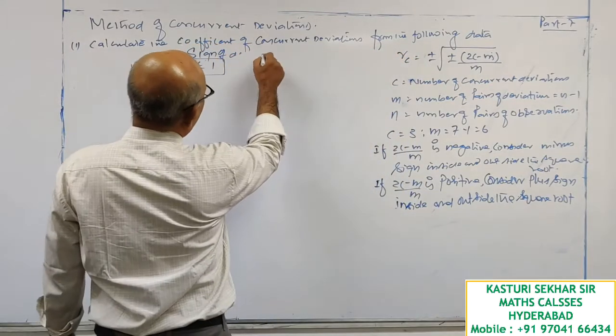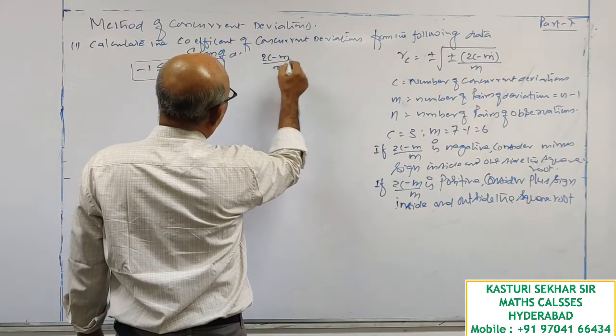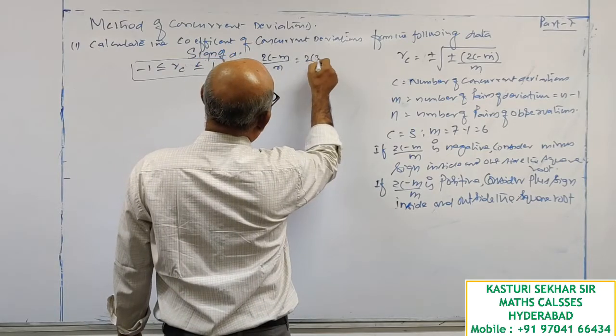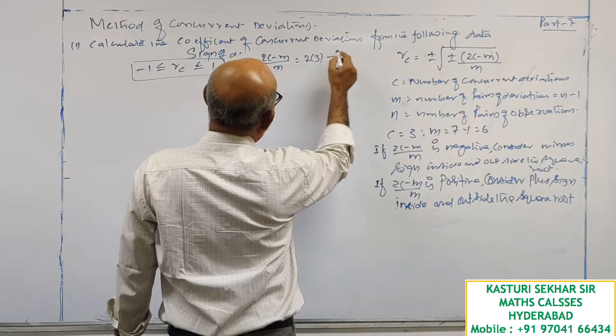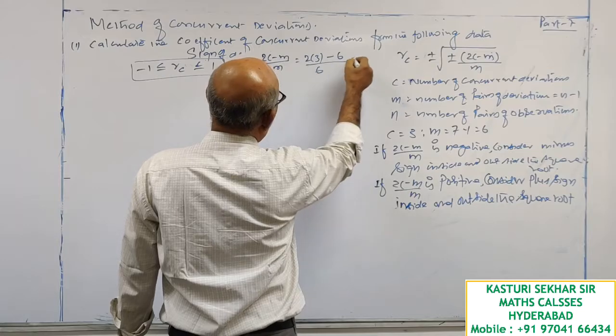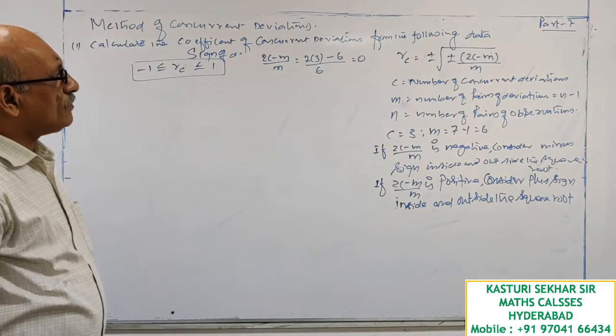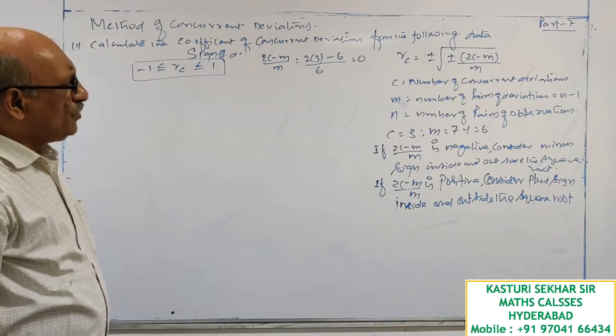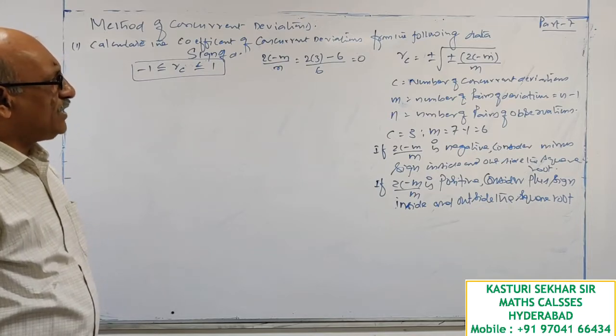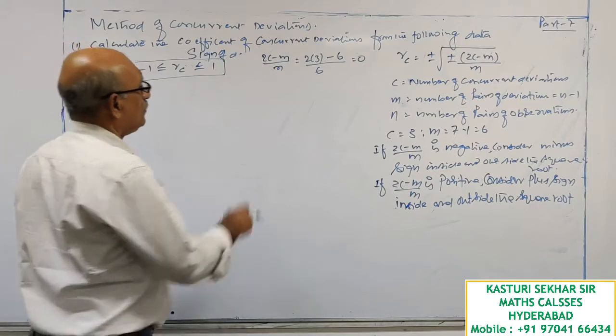Now let us calculate (2C minus M) by M here. 2 into 3 minus 6, divided by 6. This is 0. 2C minus M by M, 2 into C value 3, M value 6, 6 minus 6.